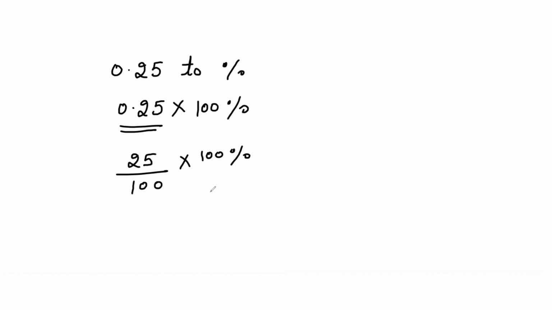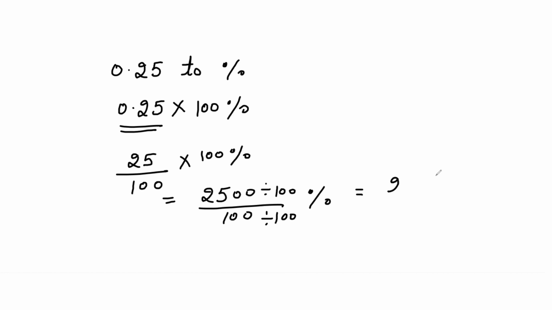So we'll get here 2500 over 100. We divide it with 100. And then finally we'll get 25%.